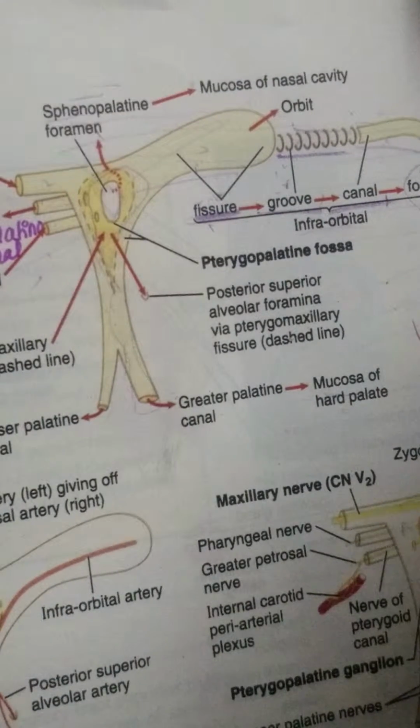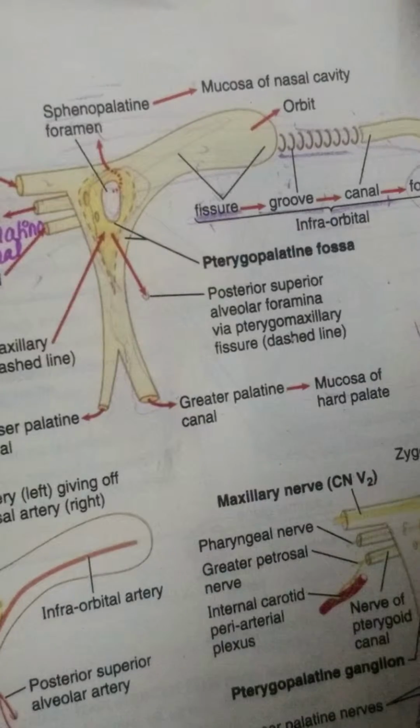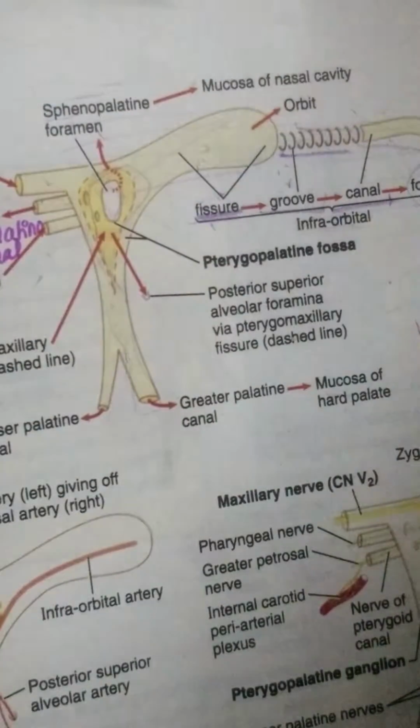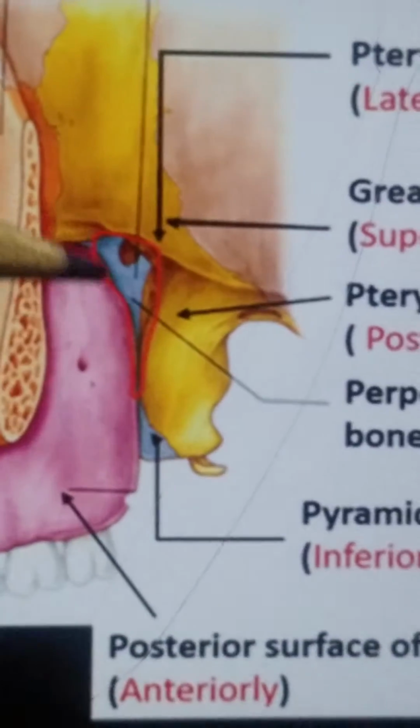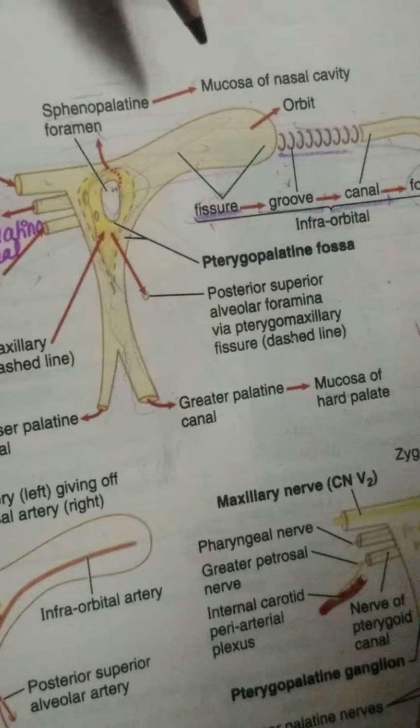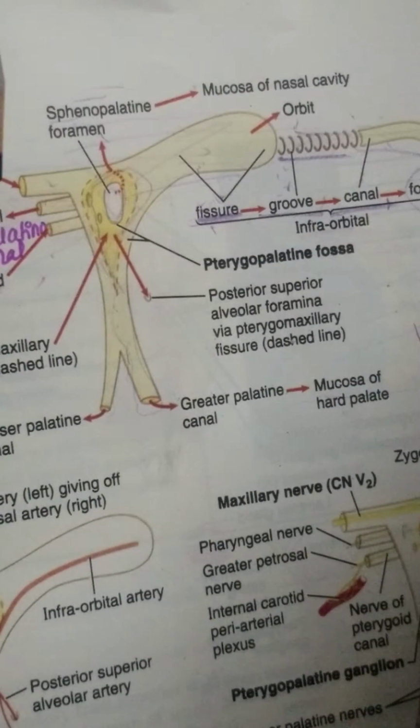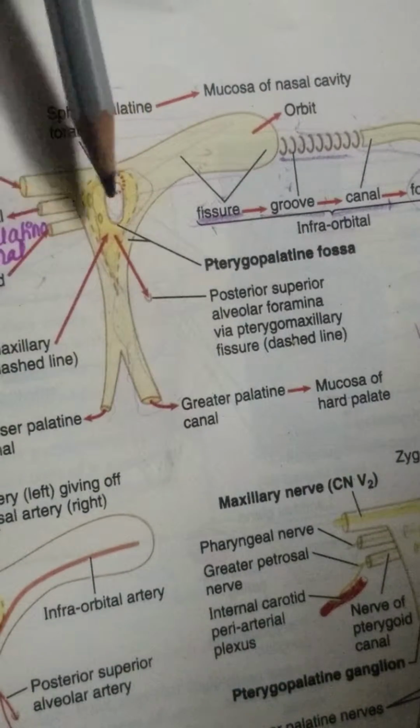And laterally we said that there is the pterygomaxillary fissure. The one in red line was the pterygomaxillary fissure. It communicates with the infratemporal fossa. So we are done with anterior, posterior, medial, and lateral communication.